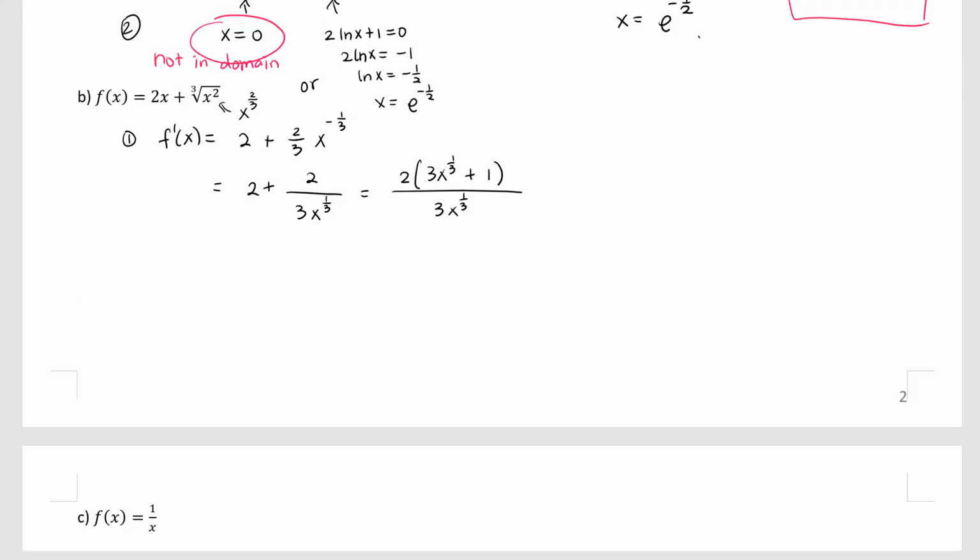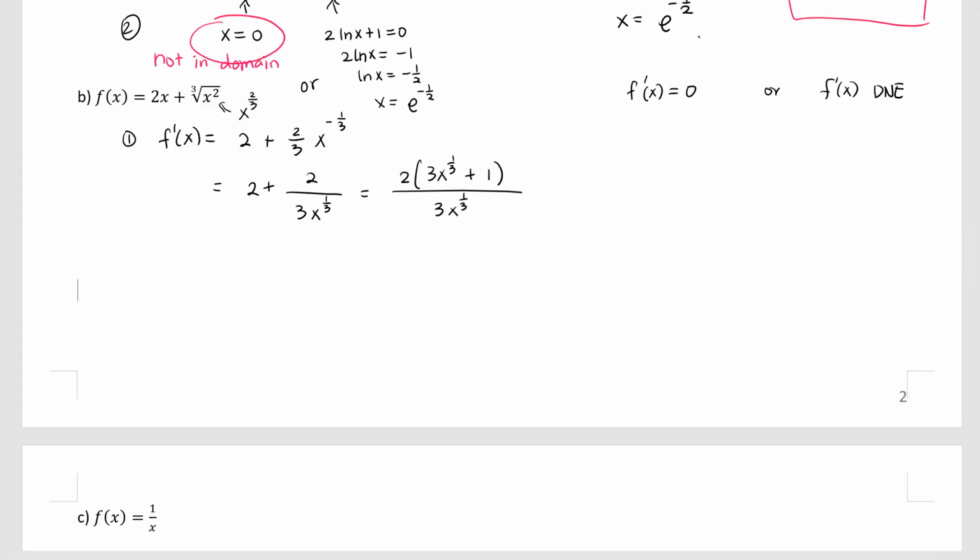Okay, you see what I'm doing? Because I see there's a common factor 2, I factor out the 2, and then this is like 1 times 3x to the 1/3 is 3x to the 1/3 plus 1. Okay, so this is a fraction. Remember we can have f prime is 0, or we can have f prime does not exist.